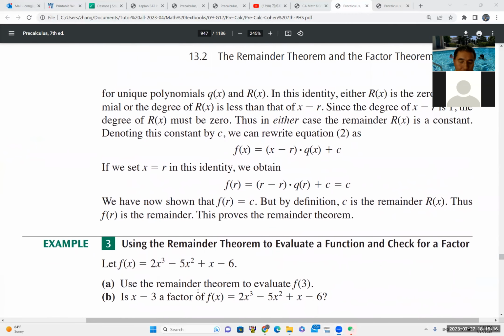Let's see here, using the remainder theorem to evaluate f of 3. If x minus 3 is a factor, it depends on whether f of 3 equals 0. If f of 3 equals 0, then x minus 3 is a factor.